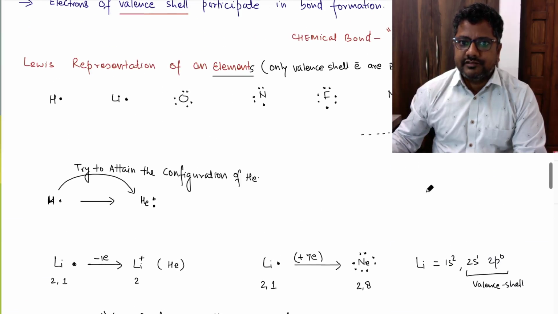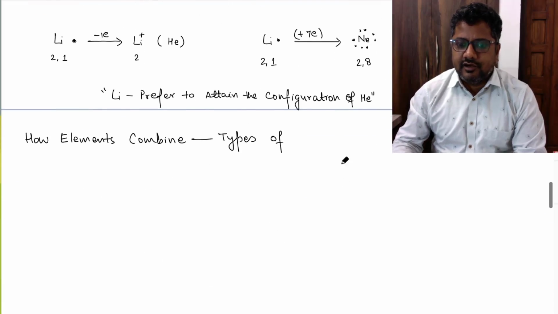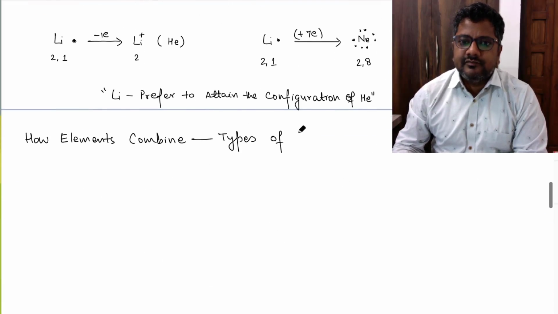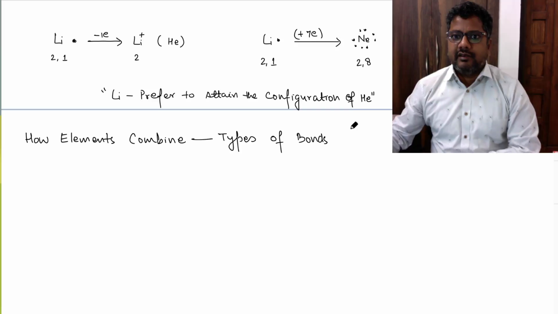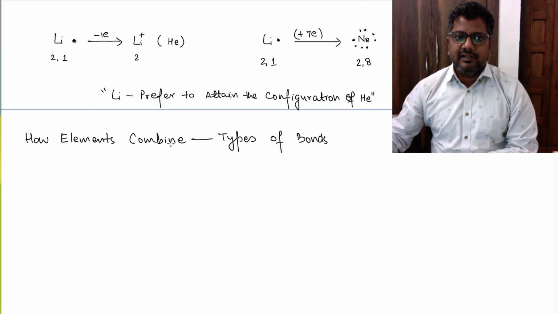Chemical bonds are bonds, not James Bond, right? Types of bonds or chemical bonds. So how do elements combine?